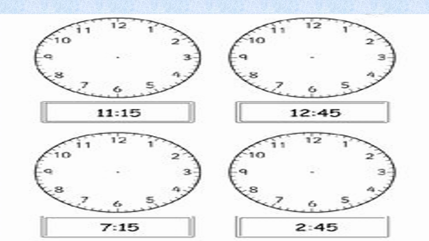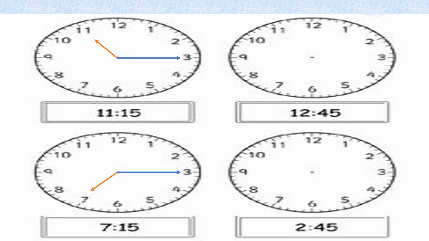So our hand, that is the short hand, will point at number 11 and the minute hand will point at number 3 because 3 multiplied by 5 is equal to 15. In the similar way, when we have to show the time as 7:15, the hour hand will point at number 7 and the minute hand will point at number 3.